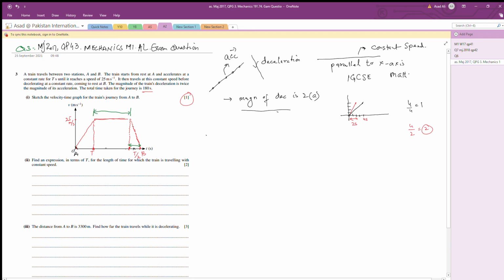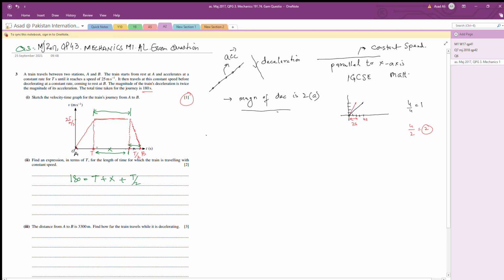Let's say this time is x. Now look at this thing. Total time is 180 seconds, and this is basically t plus x plus t over 2. Is it correct? Yes, of course it's correct.